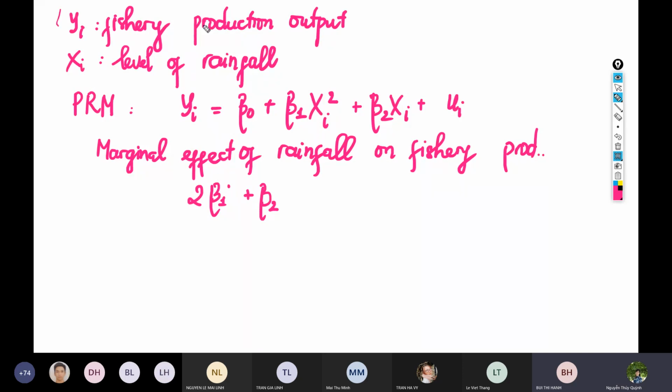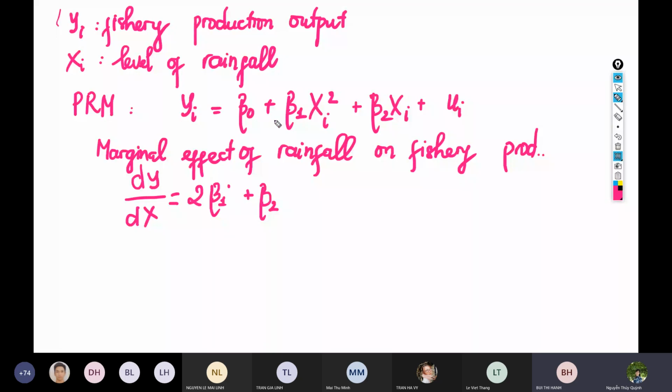So now we talk about the marginal effect of rainfall on fishery production. The marginal effect of rainfall on fishery production is the first derivative of y with regard to x. So what is it?